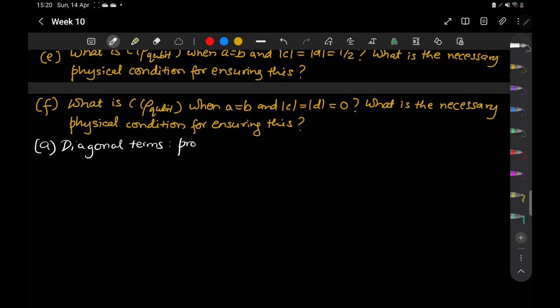So diagonal terms are probabilities of the two photons being found in the interfering alternatives.